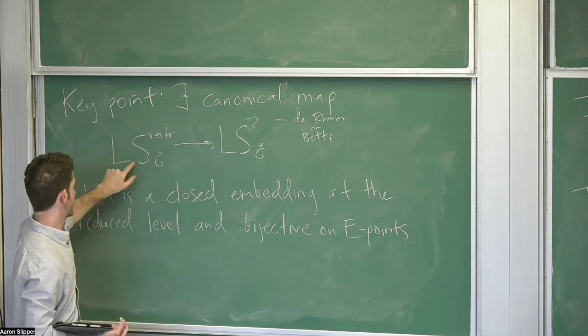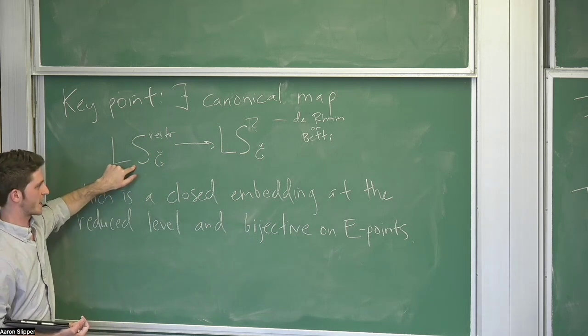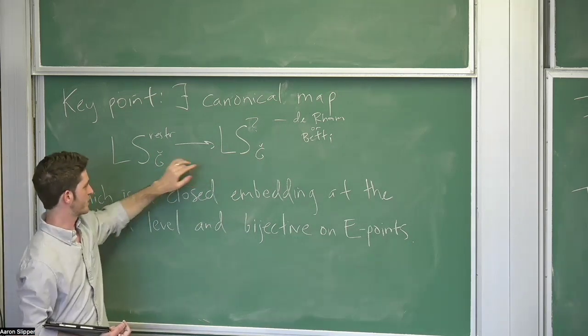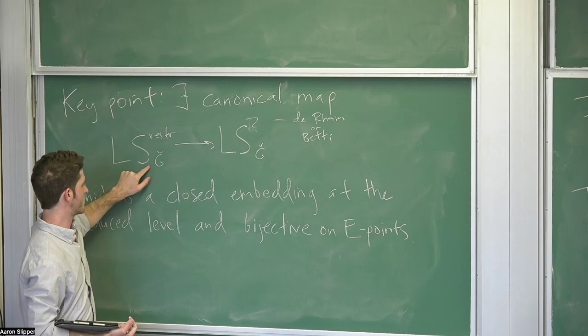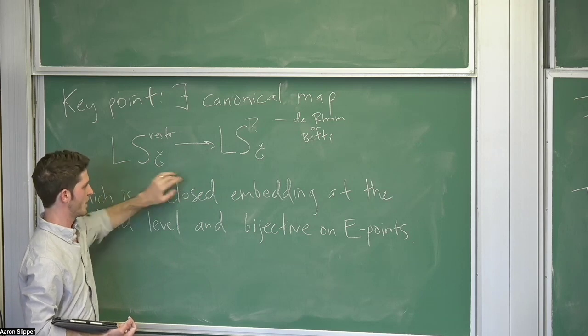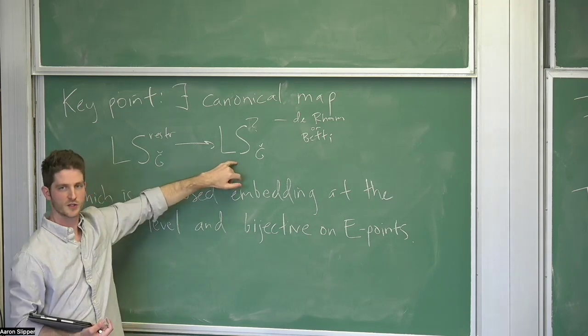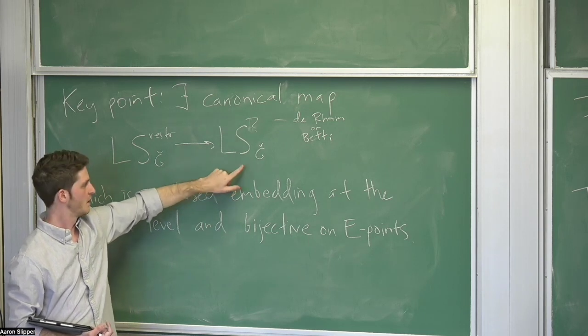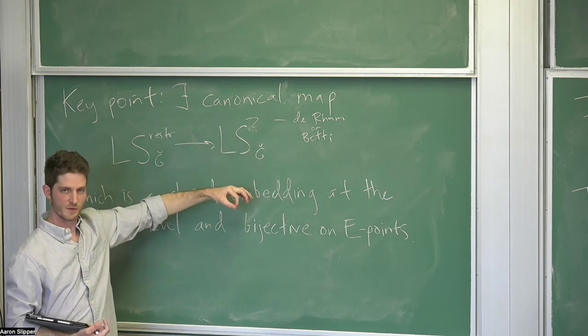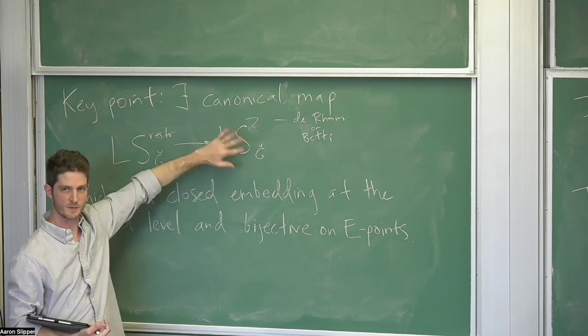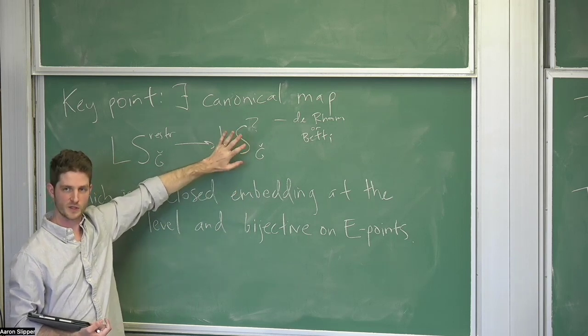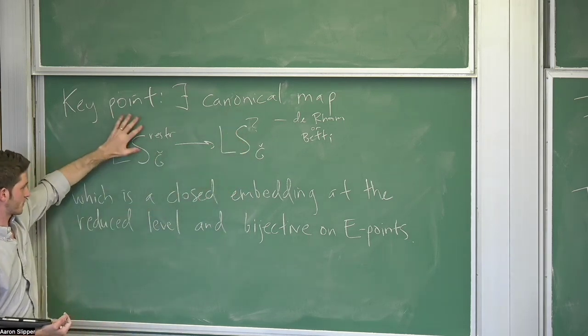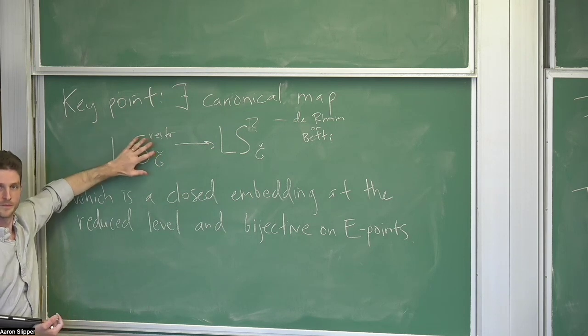And so what this Loxus restricted is in the Betti setting is the union of the formal completions of all of the fibers. So if I take all the local systems with a fixed semi-simplification, that'll be some closed substack inside of here. Its formal completion will be a component in here.